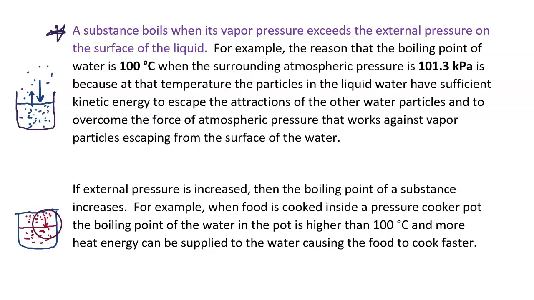That increased pressure makes it more difficult for the liquid particles down here to vaporize and escape up above the surface. It's going to take more heat energy for those particles to vaporize. The word for that's boil. It's going to take more heat energy or a higher temperature for all these particles to boil and change into vapor form.